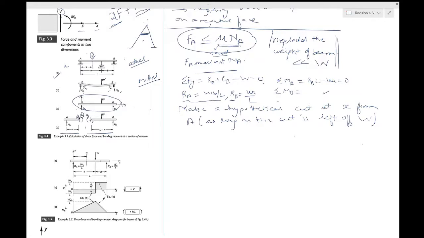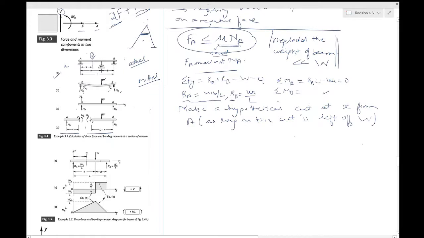Now, two things about this. The directions of V and Mb are taken in accordance to this positive sign which we have seen before. They are oppositely directed in the two free body diagrams according to Newton's law, but they bear the same labels.